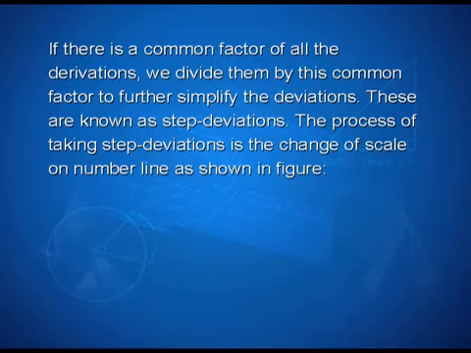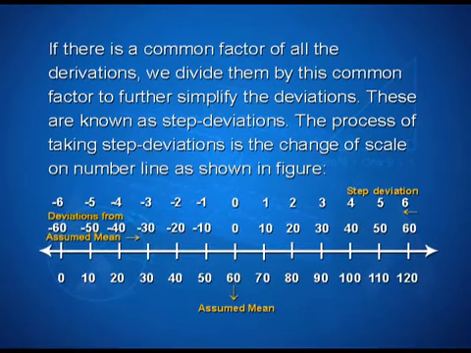These are known as step deviations. The process of taking step deviations is the change of scale on the number line as is shown in the figure. We can see here the values 0, 10, 20, 30, 40 till 120, and these are the deviations from the assumed mean: minus 60, minus 50, minus 40, minus 30, minus 20, minus 10, 0, 10, 20, 30, 40, 50.